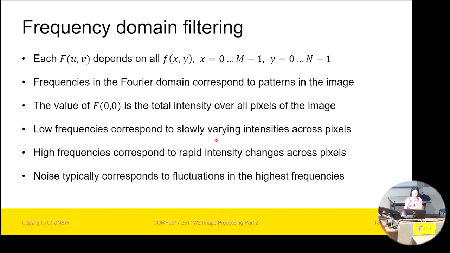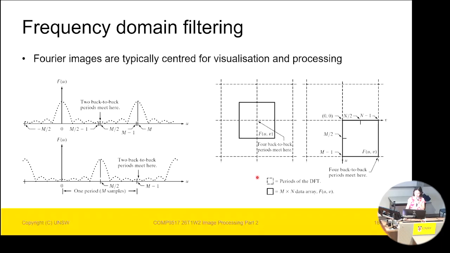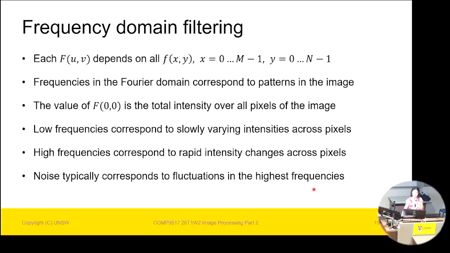Low frequencies correspond to slowly varying intensities across pixels, and high frequencies correspond to rapidly changing pixels. Noise, as I mentioned before, typically corresponds to the highest frequency. That's not absolute, though. It really depends on what type of noise you have and what the actual noise in the image is.